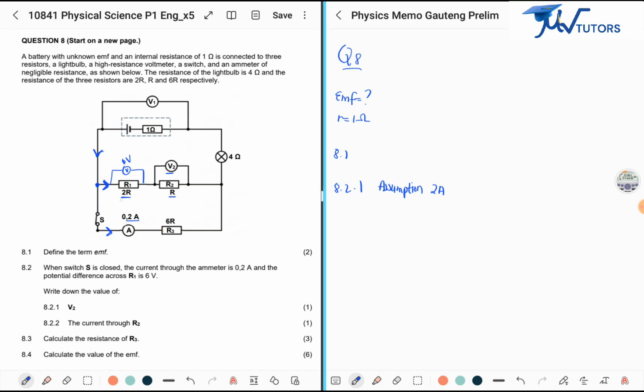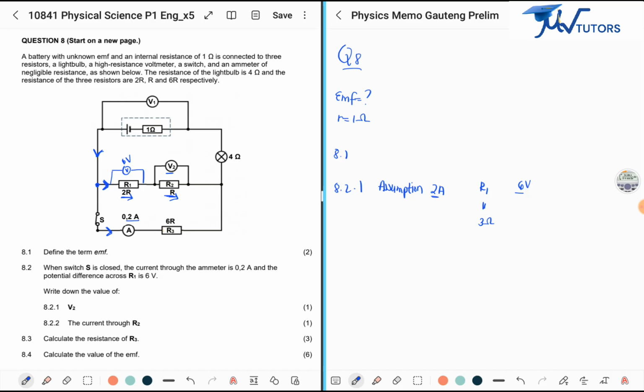This current will pass through this 2R resistor, and the very same current of 2 amperes will pass through that resistor R. When it passes through R1, we have a voltmeter reading of 6 volts. So you have 2 amperes and 6 volts, which means R1 is 6 divided by 2, so 3 ohm.